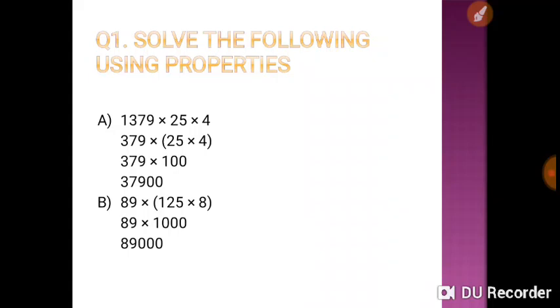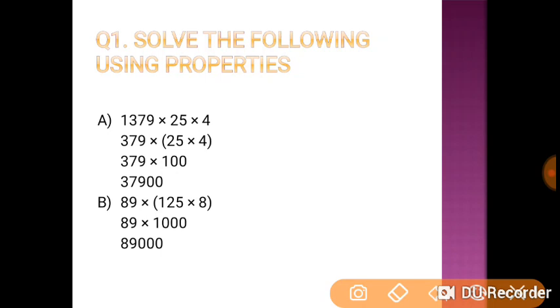Let us try to solve some questions based on these properties. Look at the first question. Here you have to solve using property, and you can see that in the question 3 whole numbers are to be multiplied. The first number is 1379, second is 25, and third one is 4. According to associative property of multiplication of whole numbers, we can multiply any two numbers first.